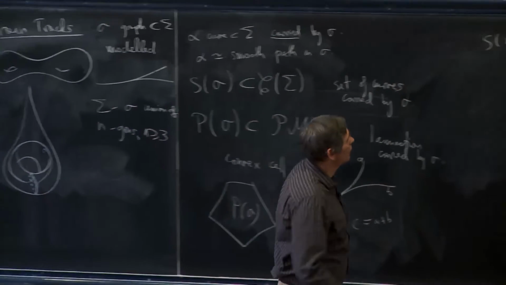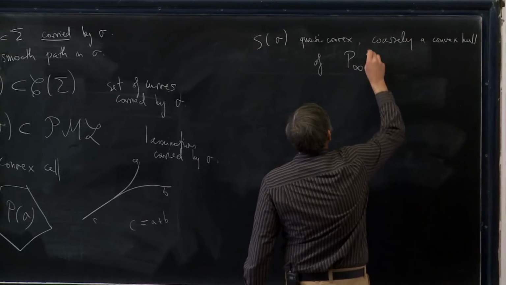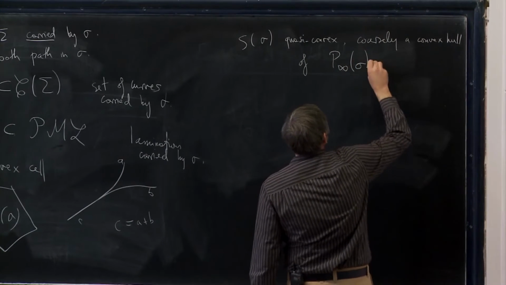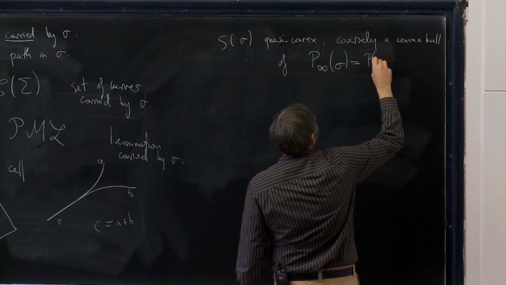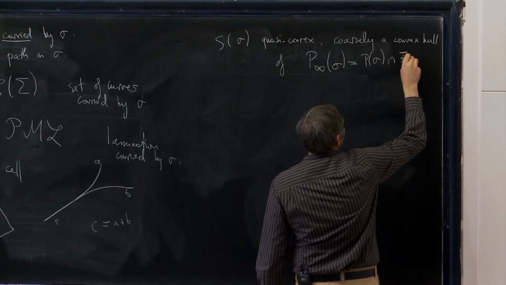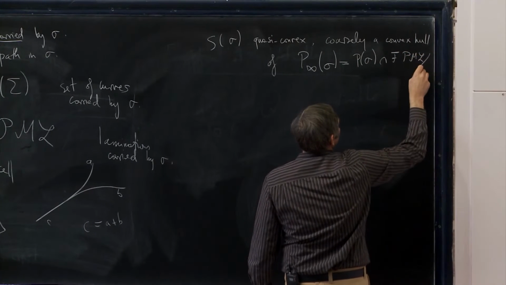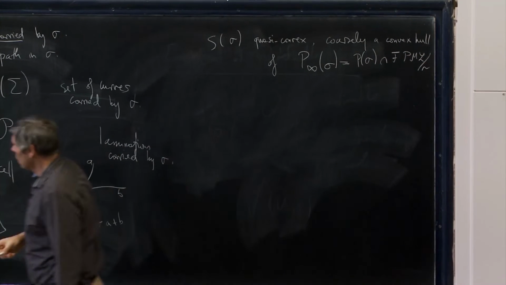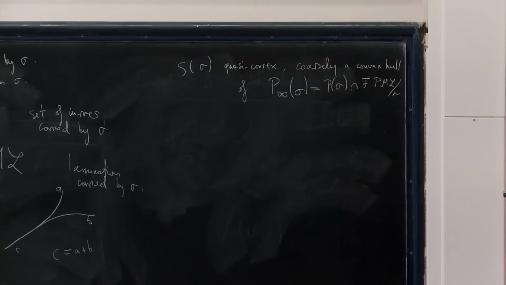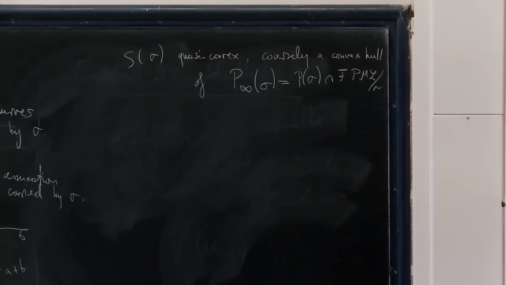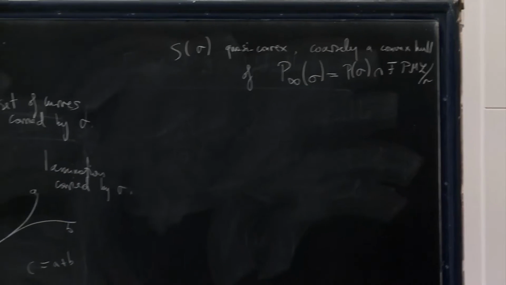So this is P infinity of sigma, which is P of sigma intersect F PML, and then modded out by the equivalence relation. So this thing is at infinity of the curve complex.